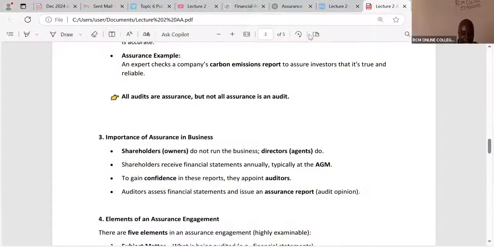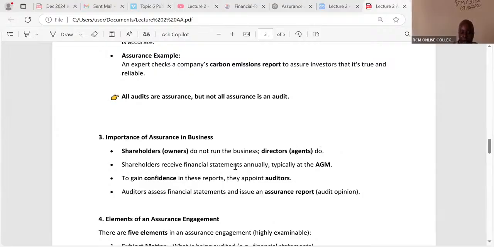Great, great. And then here, we are given the importance of assurance. Why would you want, in this case here, these assurances to be done? And remember, audit is part of this assurance. So shareholders, owners do not run the business. Who does? It is the directors. So directors are agents.